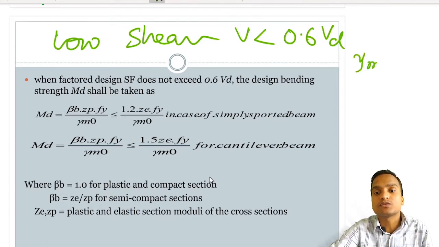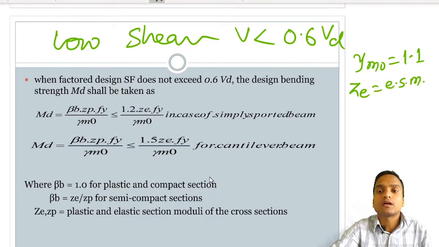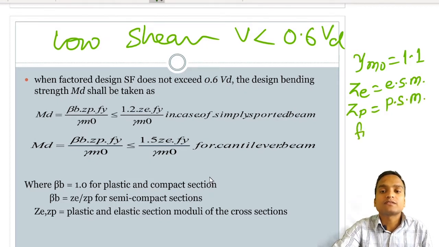Now gamma MO is equal to 1.1 always, and ZE is the elastic section modulus, and ZP is the plastic section modulus. Okay, and Fy is 250 megapascal. All values are clear here.